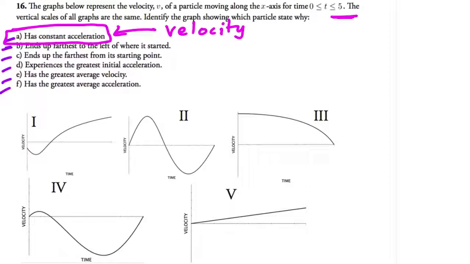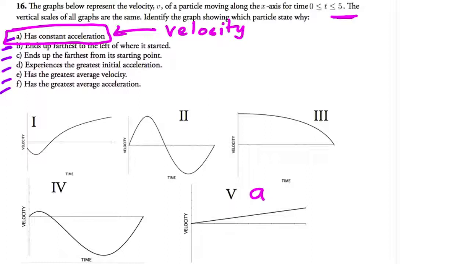Think of acceleration as the derivative of the velocity. So what does a function look like when it has a constant derivative? Which one of these has a constant derivative? Well, if you think this one, you are correct.